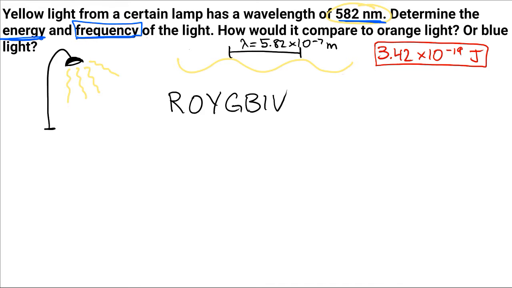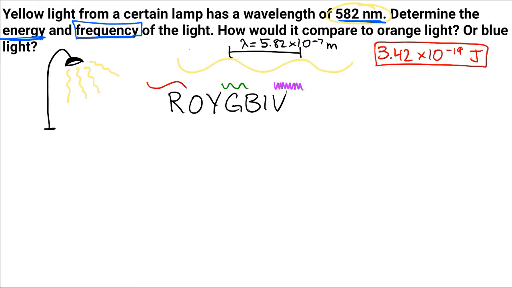So red light has longer wavelengths, and this is not to scale. I'll do that a little bit more dramatically. Red light has longer wavelengths, violet light has really short wavelengths, and in between is the in between. It just gets shorter as you go in that direction.